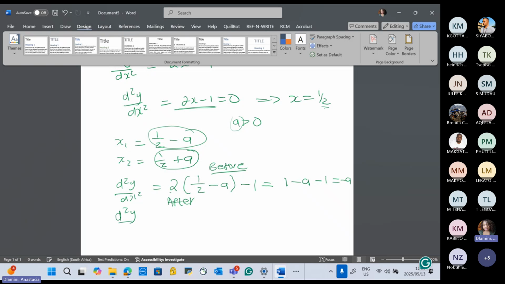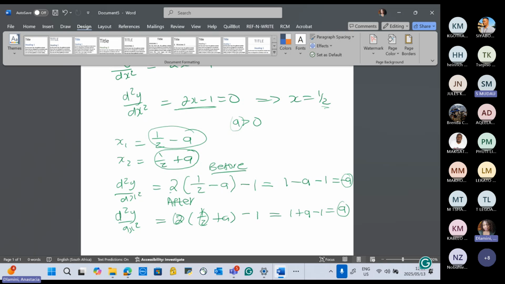So that's d squared y over dx squared, which equals 2(1/2 + A) minus 1, which equals to what? Now we know that this times this is 1 plus A minus 1, which equals A. Do you see this one is minus A and this is plus A?